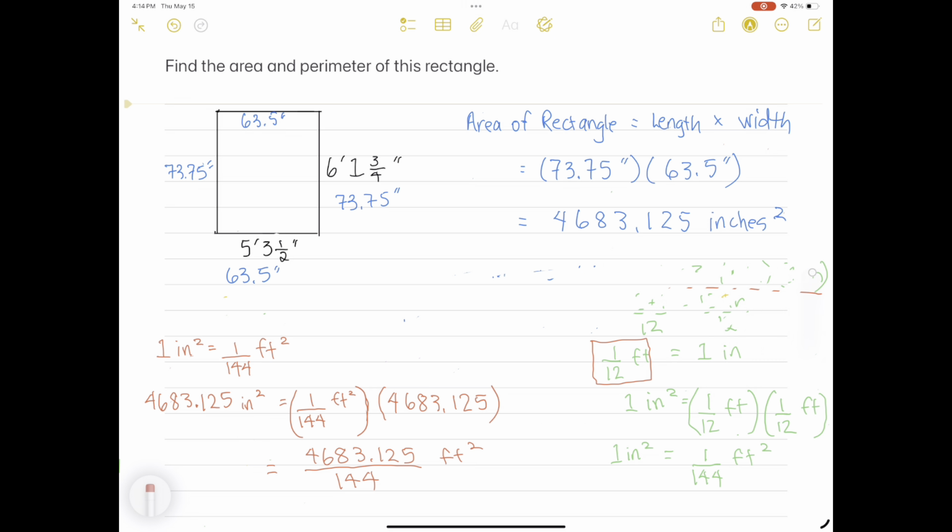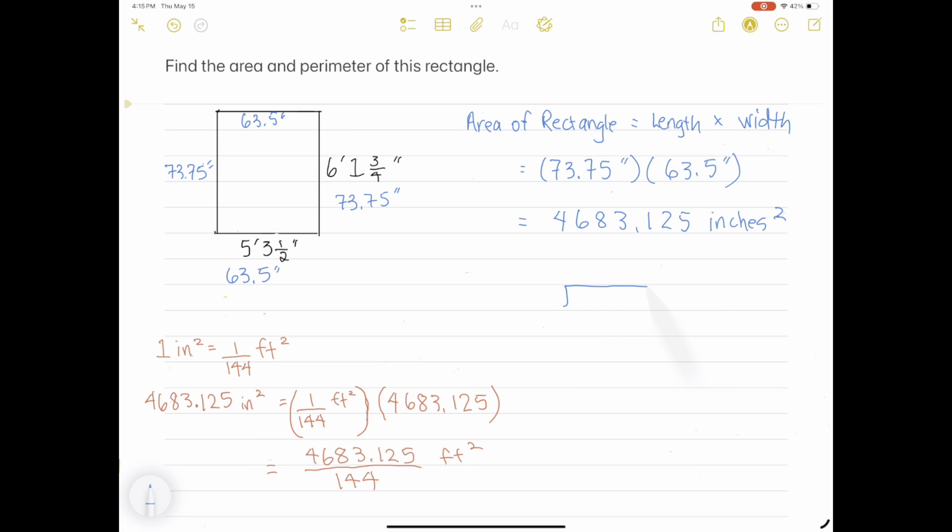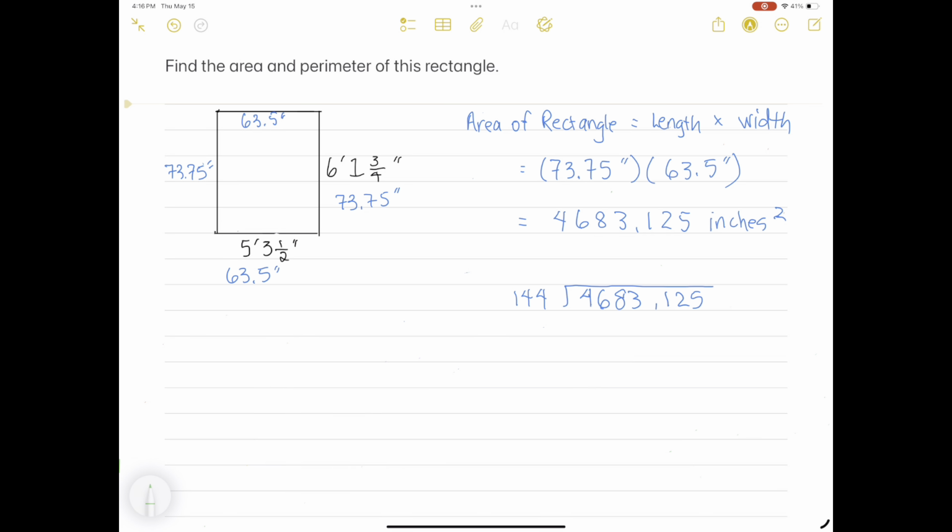The fraction 4,683.125 over 144 is a division problem: 4,683.125 divided by 144. So I clear my screen to make room for that calculation. And once again, I will do this calculation by hand.